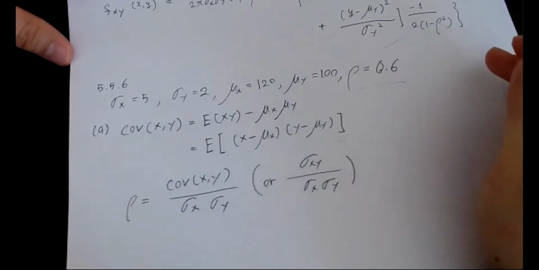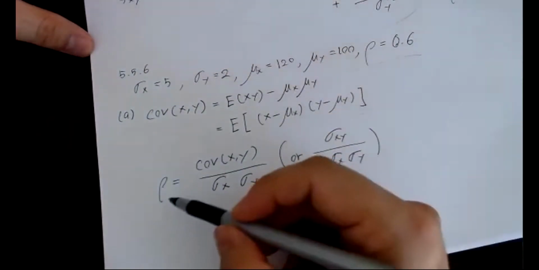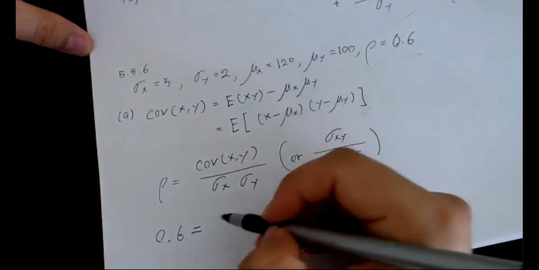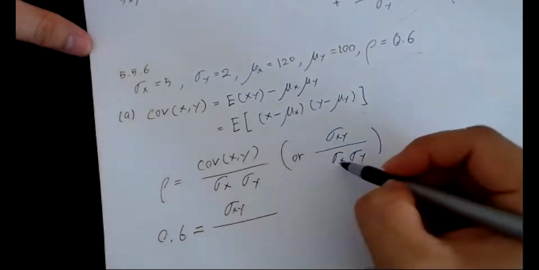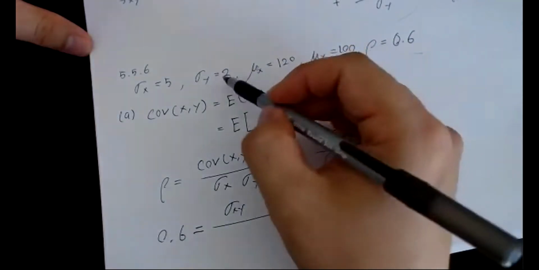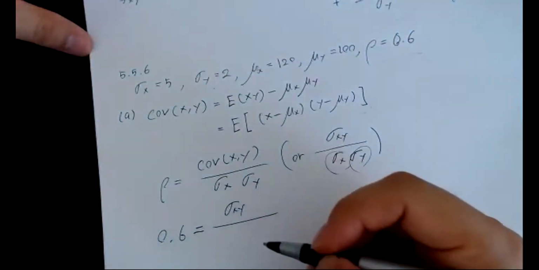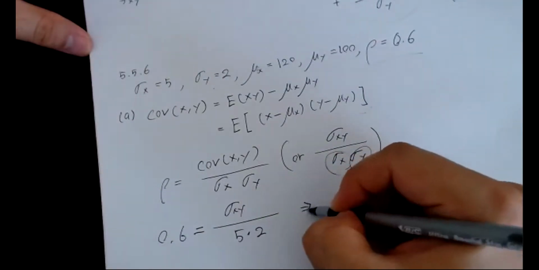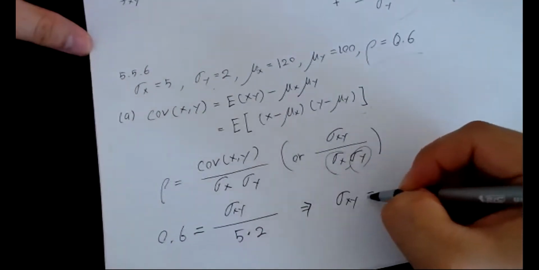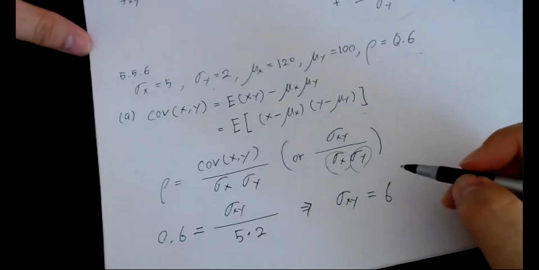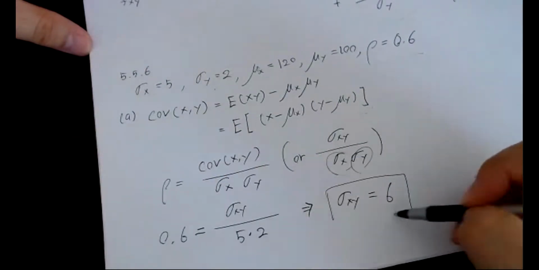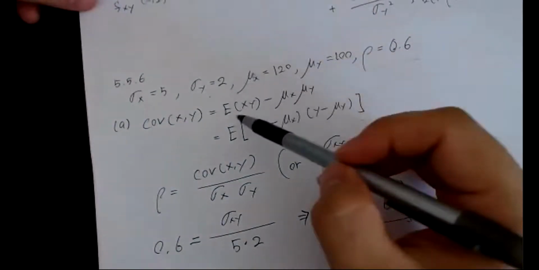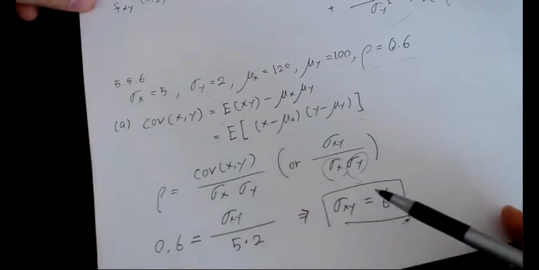So rho is given, which is 0.6, equal to sigma xy over sigma x and sigma y, which are 0.5 and 2. So 0.5 times 2, which implies sigma xy is 0.6, right? Please memorize all these formulas.